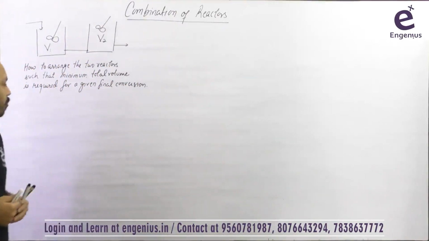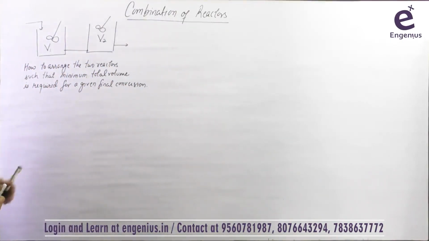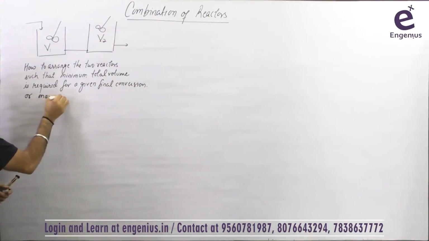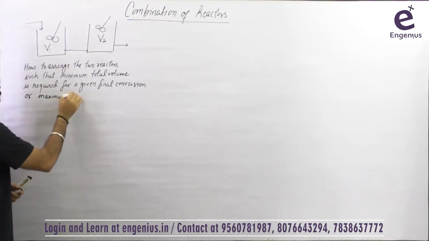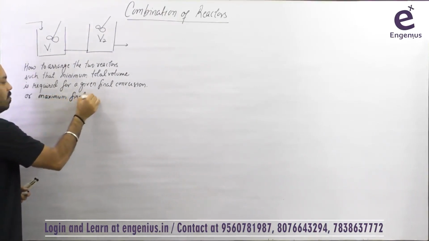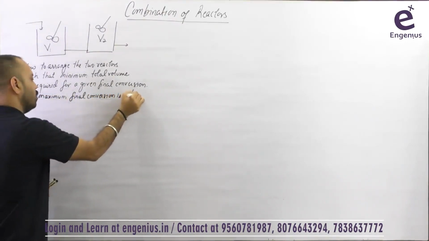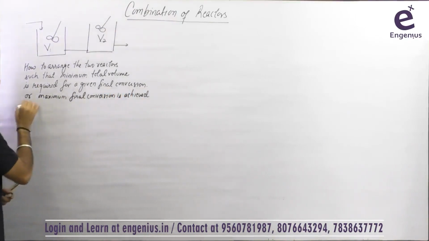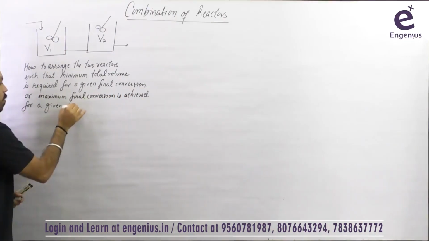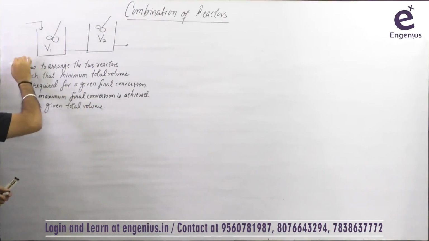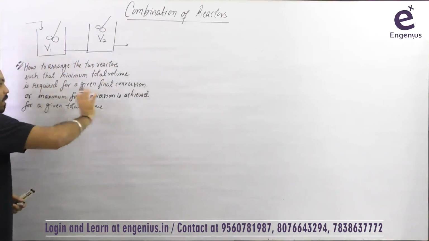Which reactor should be kept first so that minimum total volume is required for a given final conversion, or maximum final conversion is achieved for a given total volume? एक ही बात है, मैं फिर भी दोनों लिख दे रहा हूं ताकि आपको ये चीज बिल्कुल समझ आ जाए कि जब मैंने ऊपर वाली लाइन बोली है ऑटोमेटिकली this is included.